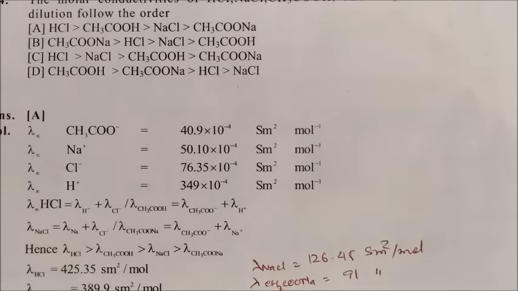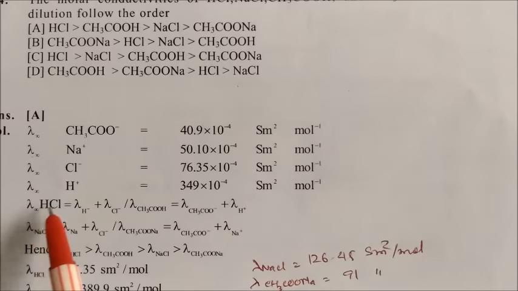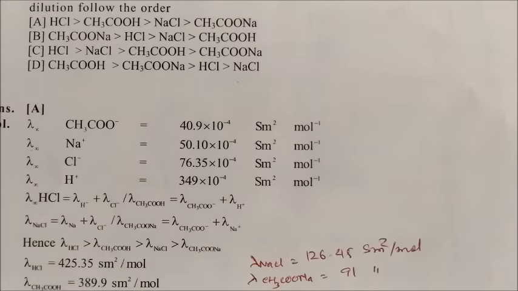To find the conductivity of HCl, we have to take the H plus and Cl minus. For acetic acid, we take the acetate ion and H plus.